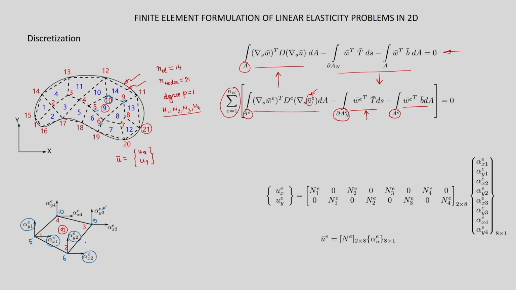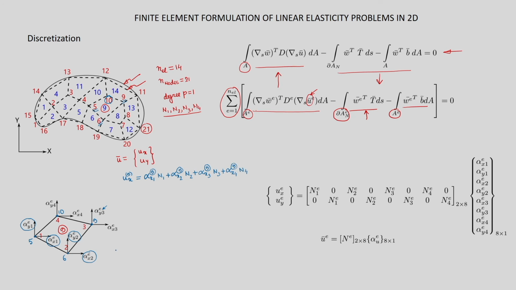So, now in order to express ux in this element, element 9, the superscript 9, we can write this as alpha x1 in element 9 times N1 plus alpha x2 in element 9 times N2 plus alpha x3 in element 9 times N3 plus alpha x4 in element 9 times N4.